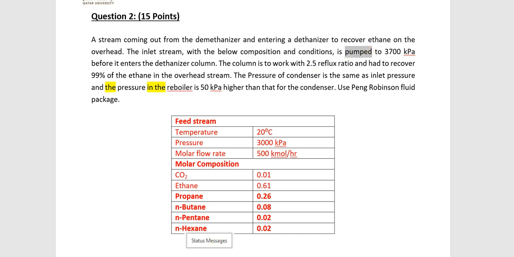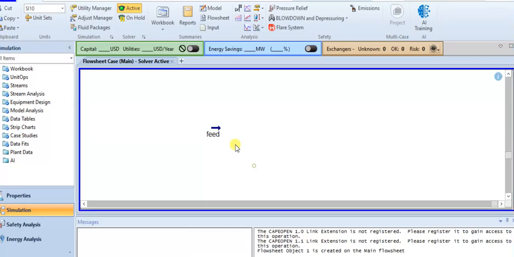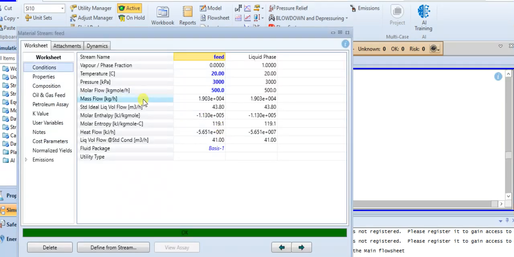So we need to see what the feed state is. Temperature is 20, and this is very high pressure at 30 bar. Although they are all gases, at very high pressure it will be liquid. So vapor fraction is 0, so it is liquid. Always keep looking at these numbers.